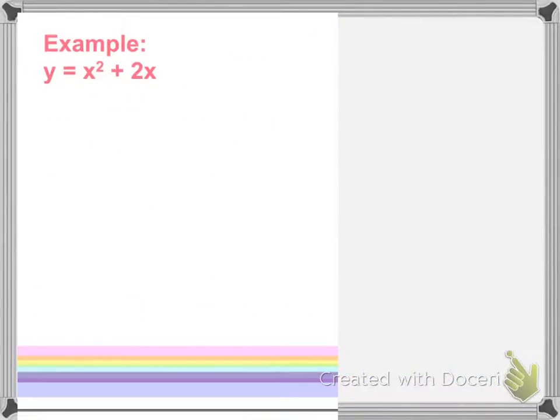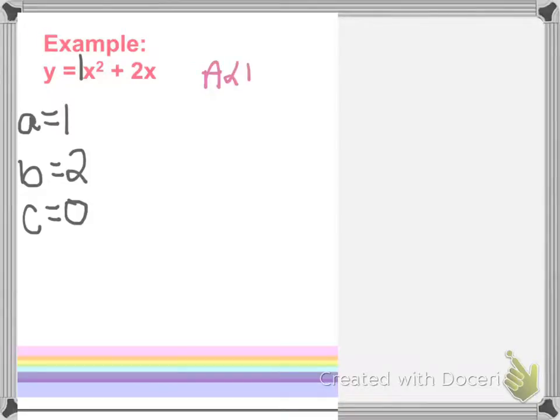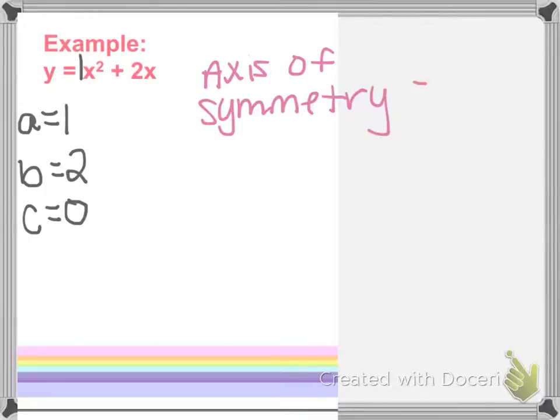First thing we have to do, remember we have to find a, b, and c. A is always with the x squared, so if there's not a number in front of it, it's a 1. B is always the number with the x, so in this case that's 2. C is always the number by itself. We don't have a number by itself, so that's 0. To find the axis of symmetry, you use the formula -b over 2a.